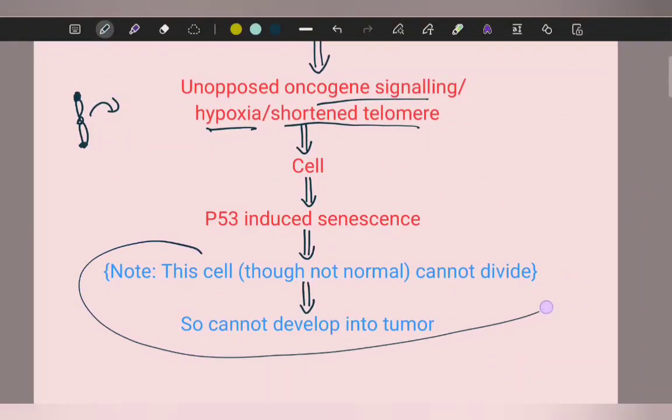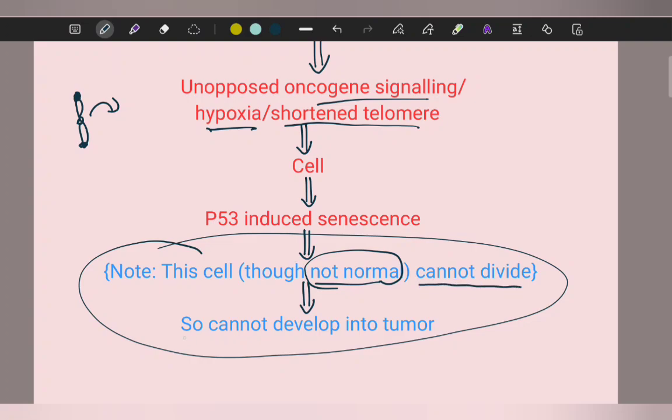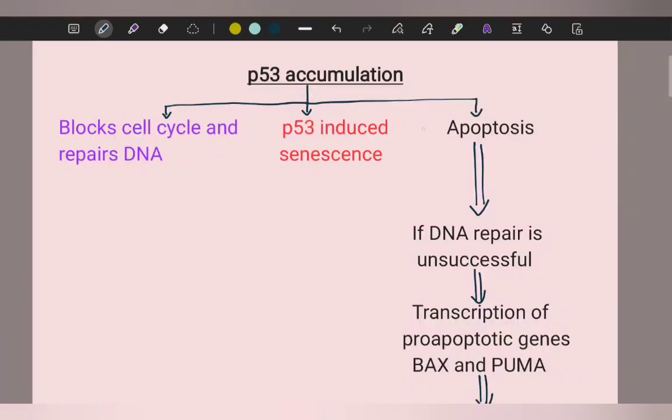The advantage of this cellular senescence is that though these senescent cells are not normal, they cannot divide further, which means these senescent cells cannot develop into tumor. Fourth function is apoptosis.